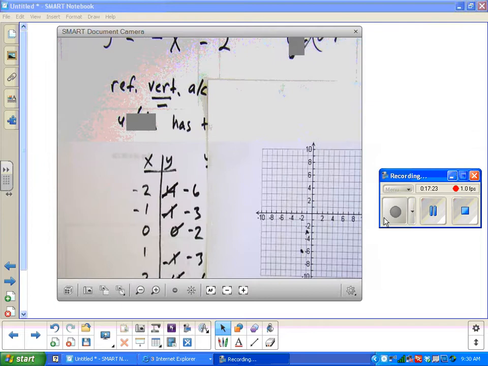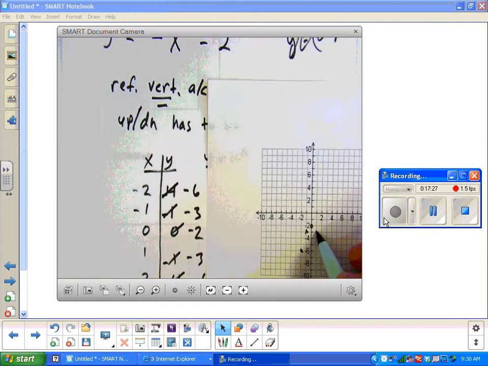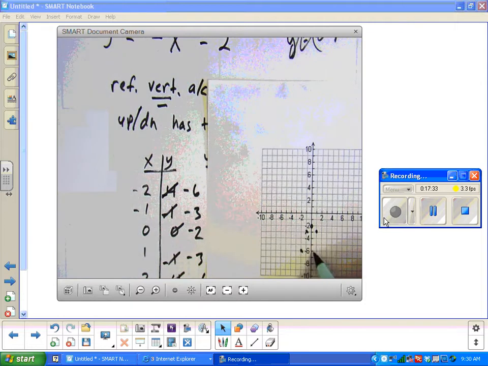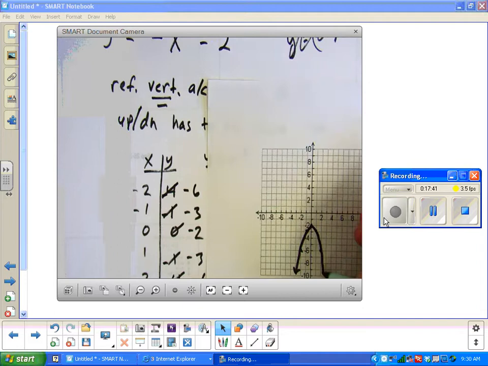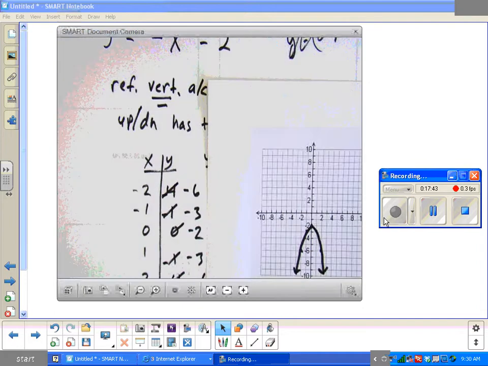Okay, so by the way, the vertex is always going to be that middle point. So perhaps not a V shape here, that's more of a U-shaped curve there.